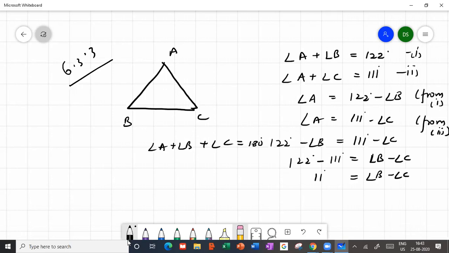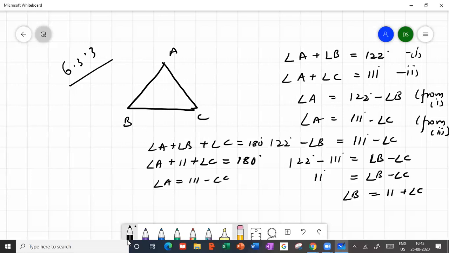Or I can just say that angle B is equal to 11 plus angle C. So angle A plus 11 plus angle C is equal to 180, and I know that angle A is also equal to 111 minus angle C, correct?